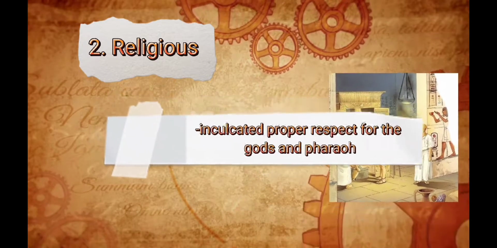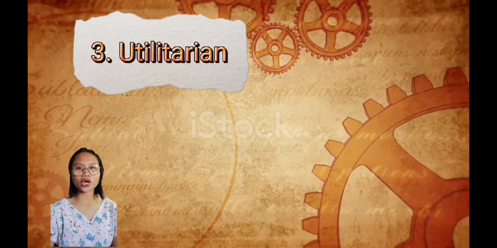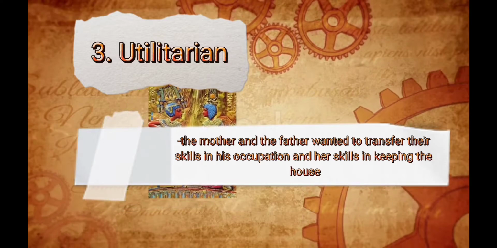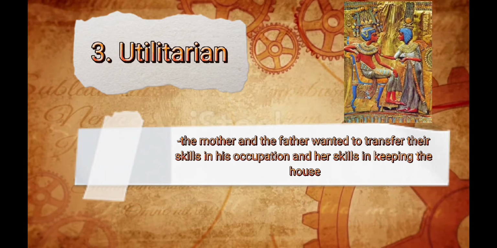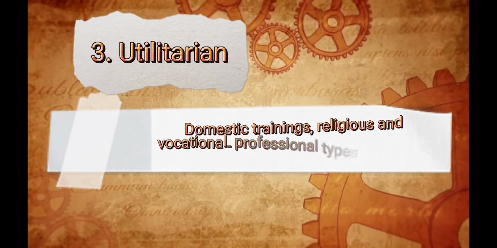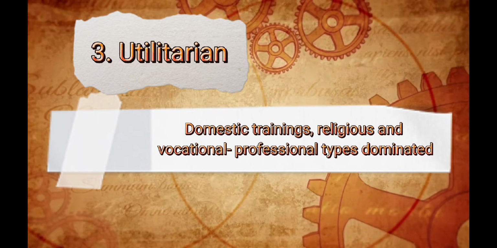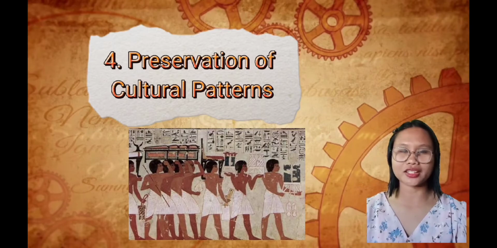Inculcated proper respect for the gods and the pharaoh. Third, utilitarian. The mother and the father wanted to transfer their skills in his occupation and her skills in keeping the house. The domestic trainings, religious, and vocational professional types dominated. And the fourth, preservation of cultural patterns.